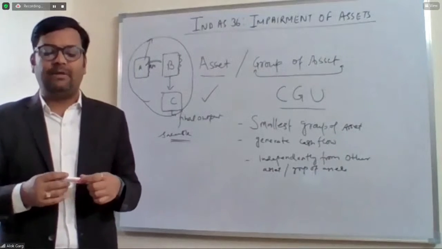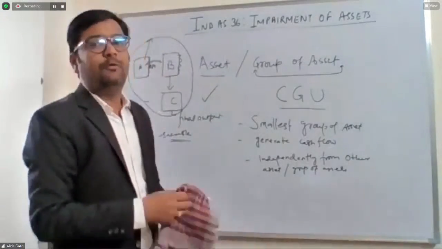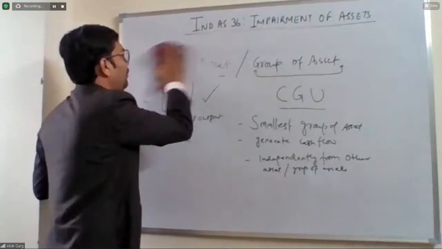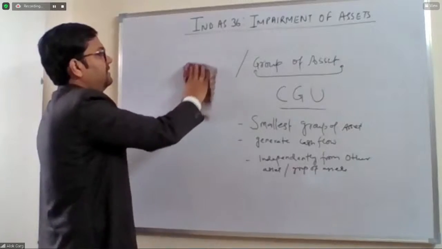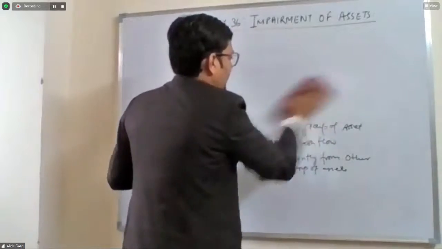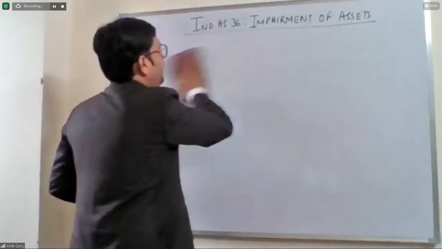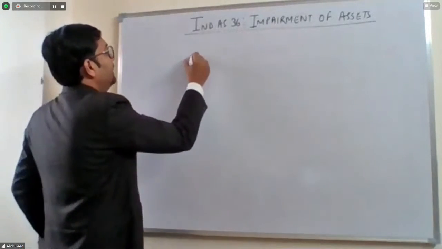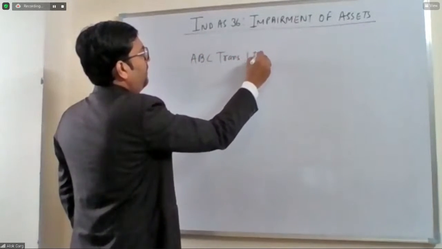Now I'll take another example. There is a transport company, and the transport company has got a license, a permit from the government to run some buses on a particular route. So let me clarify this example here. There is a transport company, ABC Transport Limited.